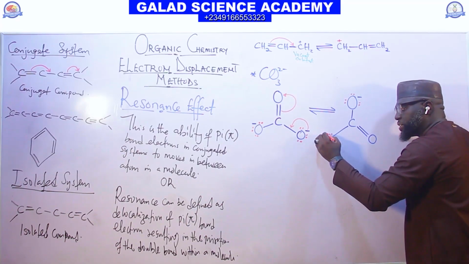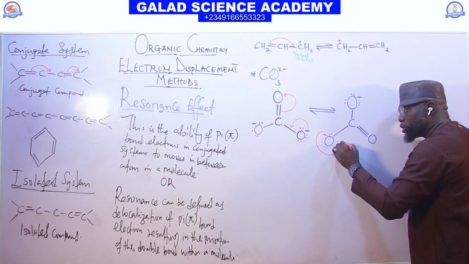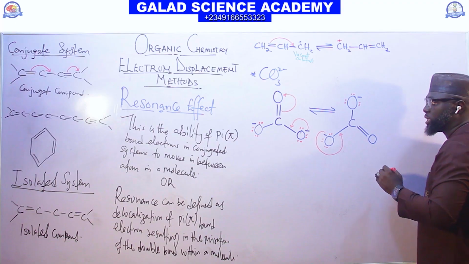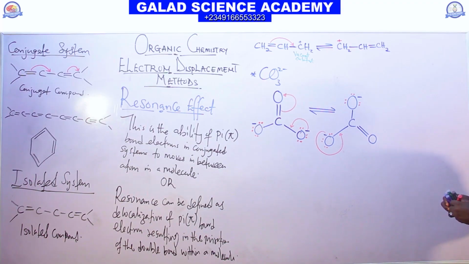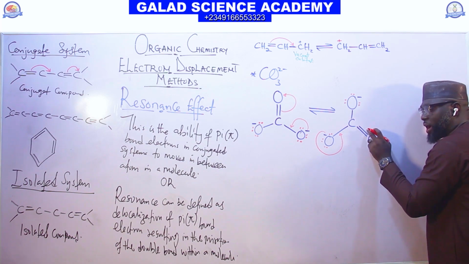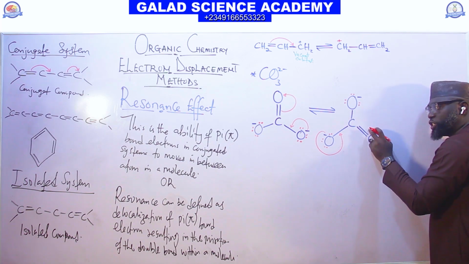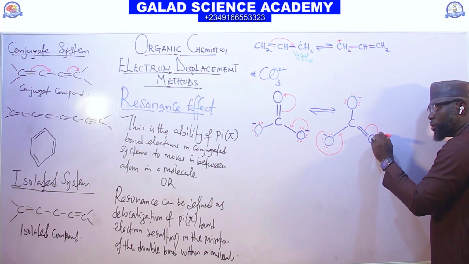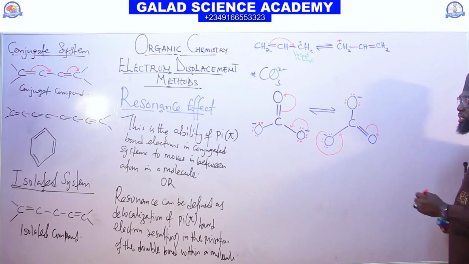When this negative sign shifts to this side, the pi bond we have here will shift to this side, and the pi bond here will come to this side.